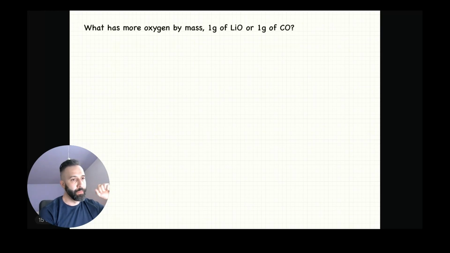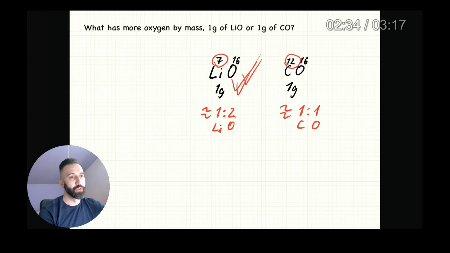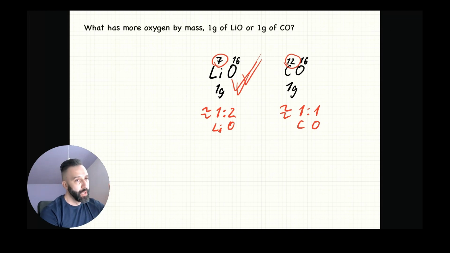I put this in on purpose because this is a different type of question. Let me give you the solution so I can explain. If you check the periodic table, you will see the molar mass of lithium is 7 grams, oxygen is 16, and carbon is 12.